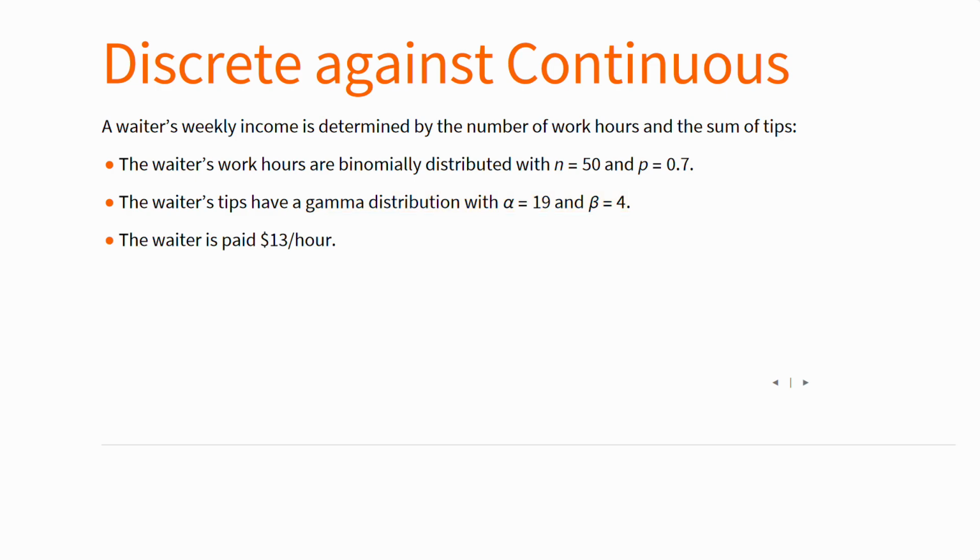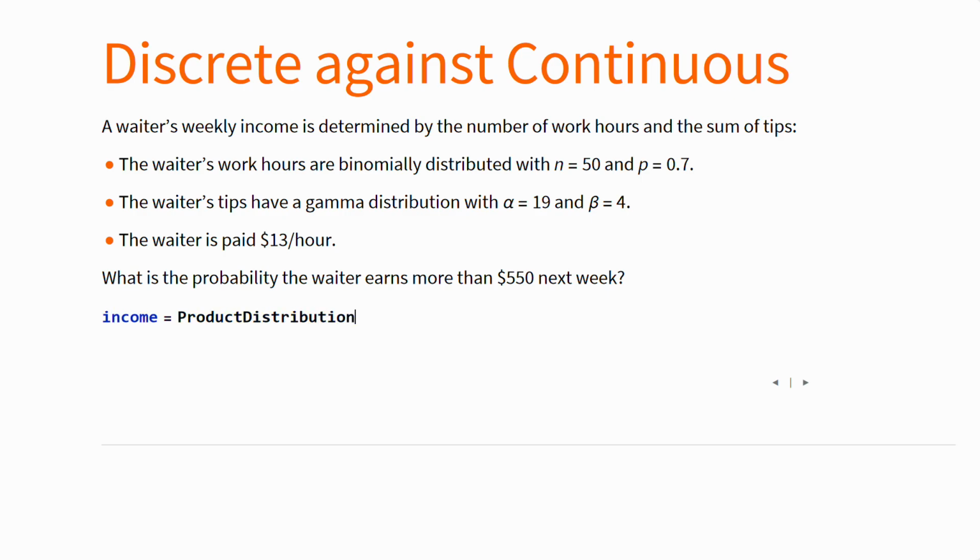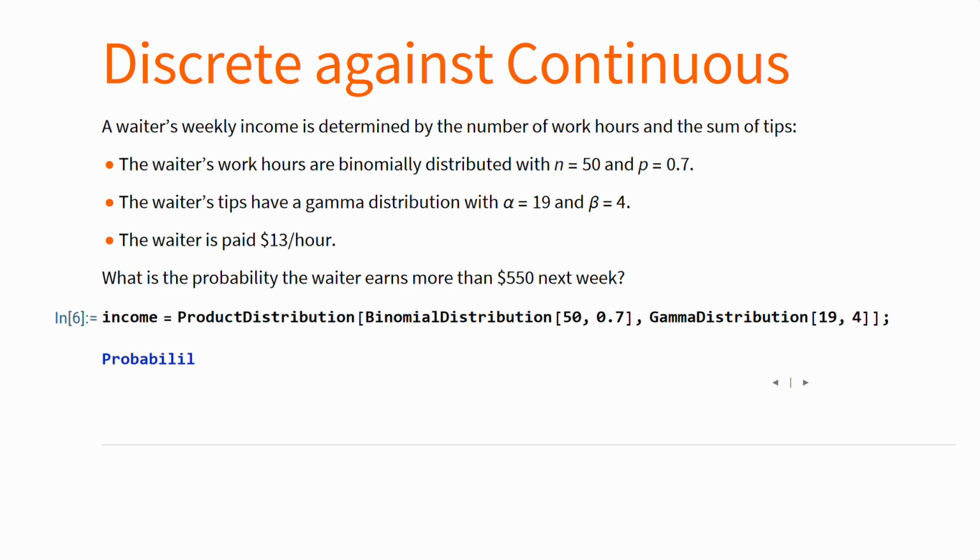If the waiter is paid $13 hourly, then what's the probability the waiter earns more than $550 the next week? Just form the product distribution for the income, then find the probability that 13 times the number of hours plus the tip is greater than 550 over the income.